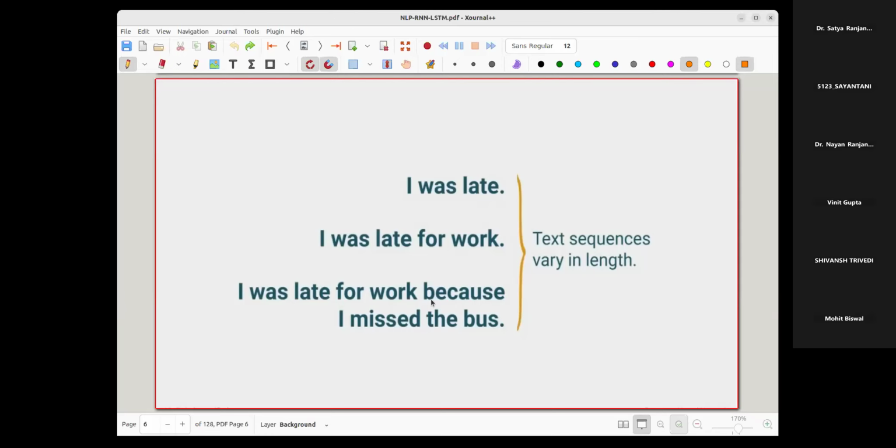But if you want to process the words sequentially one after another, and you convert each word into a vector and feed these words, then the problem is that every sentence is not of the same length. The number of words in every sentence may vary. So it is very difficult to create a neural network which will take a different number of inputs at different times. Okay, so the text sequences vary in length. That is another problem which we cannot process through a neural network.